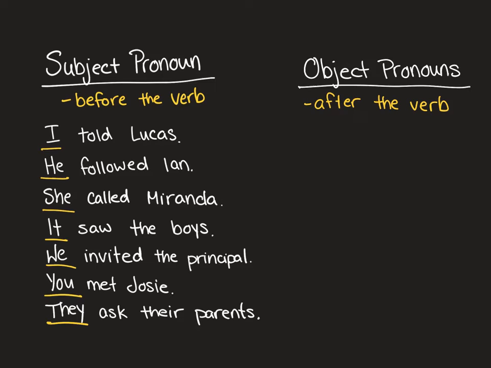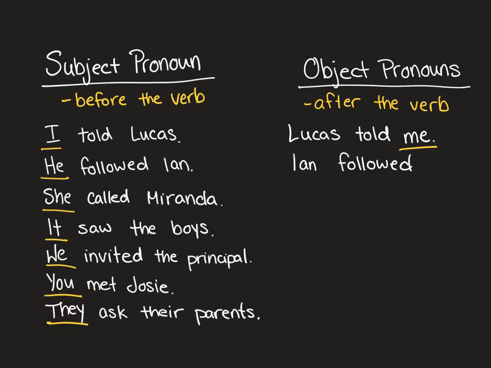So if instead of I told Lucas, Lucas does the telling, Lucas told not I, but me. So me would be the object pronoun for I, whereas I is the subject pronoun.